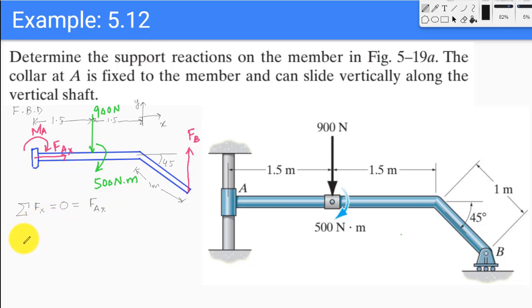The second equation says that the sum of all the forces in y is equal to 0, which basically means that FB minus 900 equals 0, which means that FB is just equal to 900 newtons.